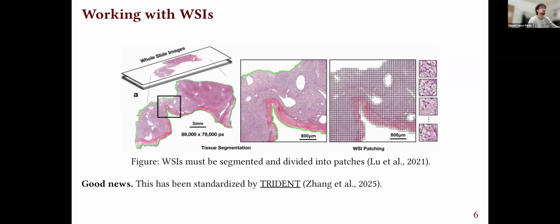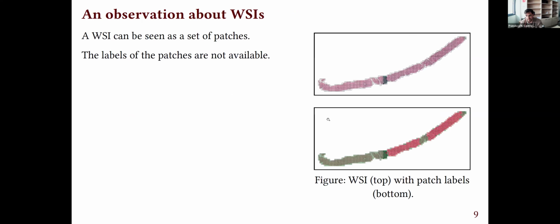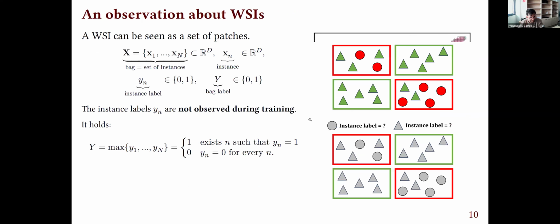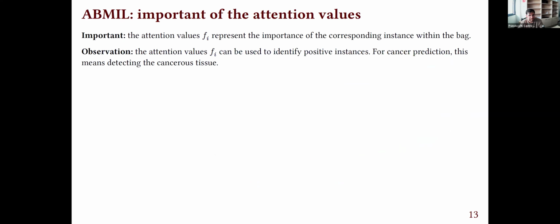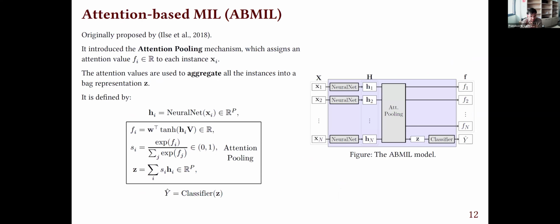Then there is another question from Venkatesh that asks, how is attention score proportional to instance importance? I've been thinking about this for a long time, but there is no theoretical answer for this. It's just something that has been observed empirically.